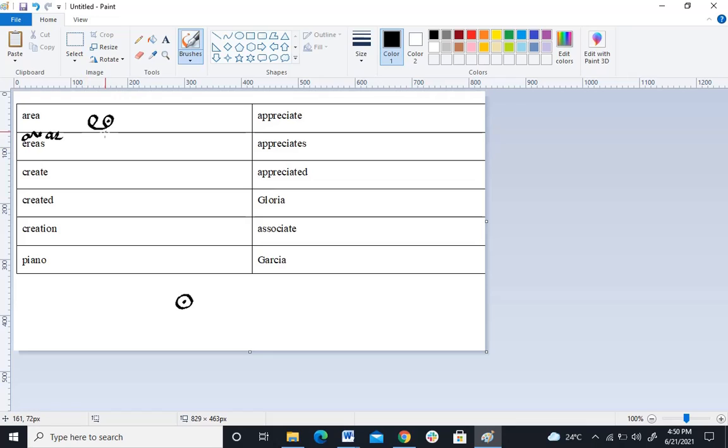Okay, so yung ating areas is A-R-A-S and then yung ating period sa gitna. Next, create. K-R-A-T and then yung ating period sa gitna. Created. K-R-A-T-E-D. Then yung ating period. Creation. K-R-A-Tion. Then yung ating period sa gitna.